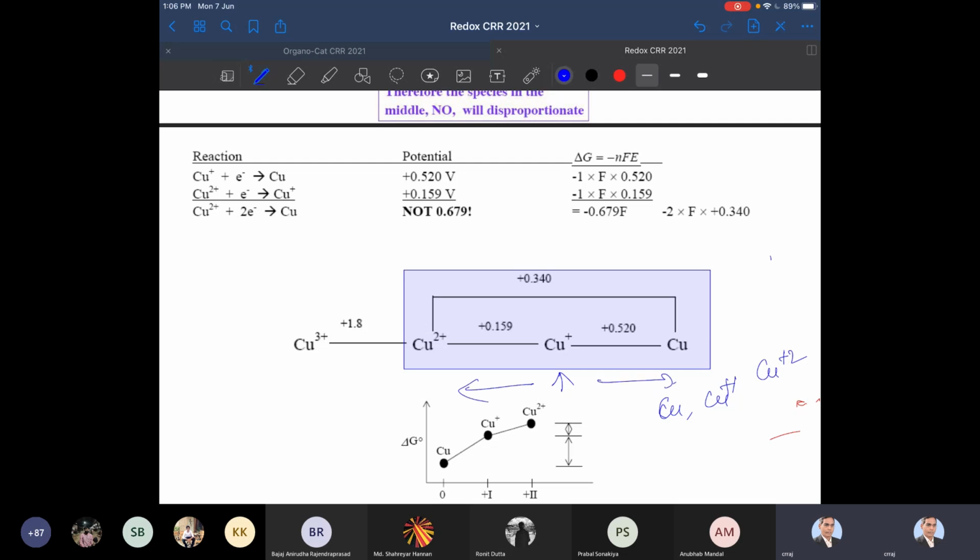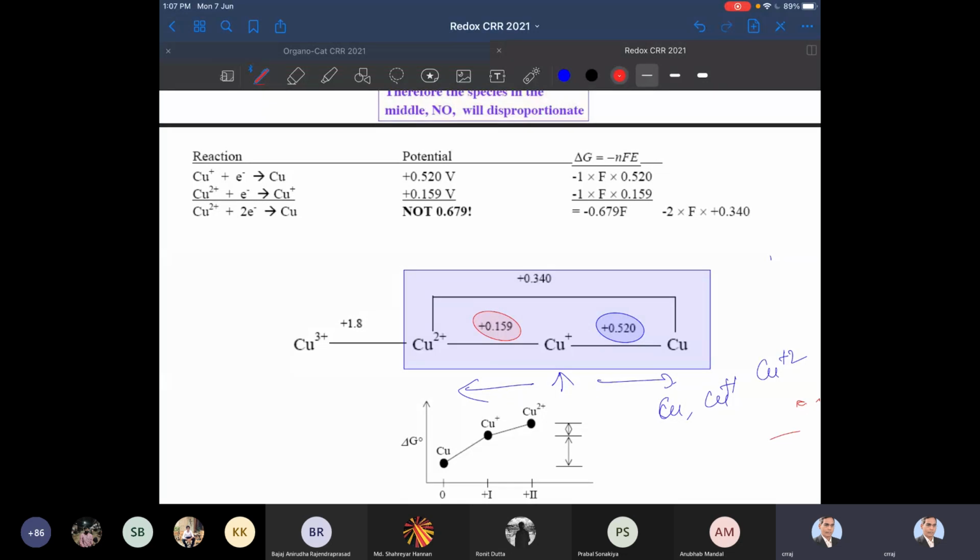So how do I know whether this species will undergo a disproportionation reaction? Look at the potential. What I have here is 0.52, corresponding to the reduction of copper +1 to copper 0. And on the left hand side, what I have is the reduction potential corresponding to copper 2+ to copper 1+.